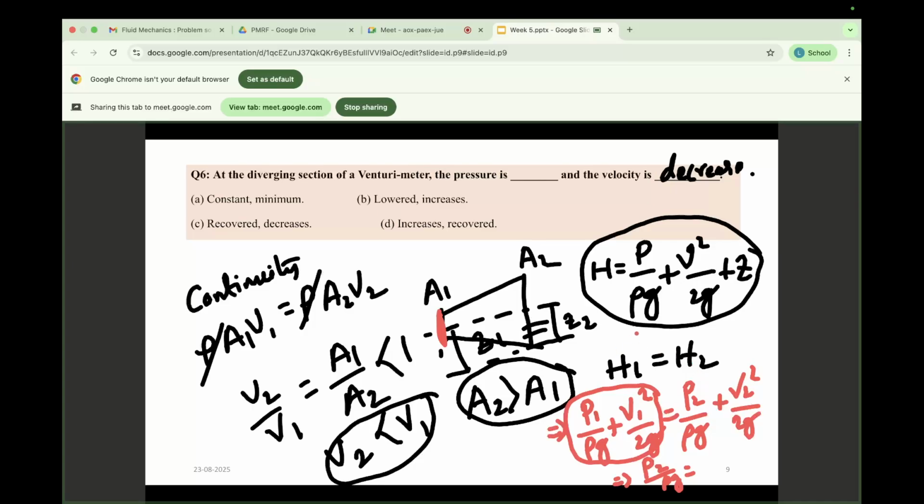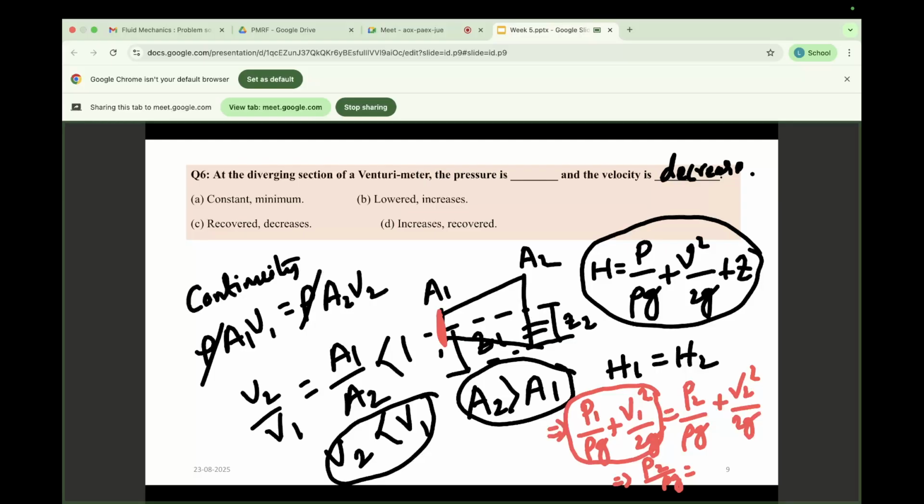That means we can also say from Bernoulli's equation that whatever the kinetic energy is, in another section, if the velocity decreases, the kinetic energy decreases. Where does this energy go? This energy is converted into pressure energy. So the pressure will increase.